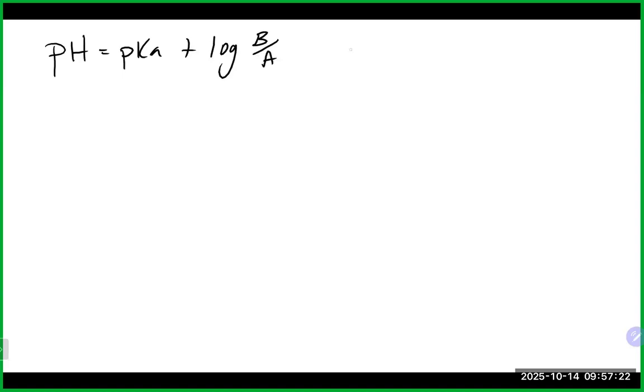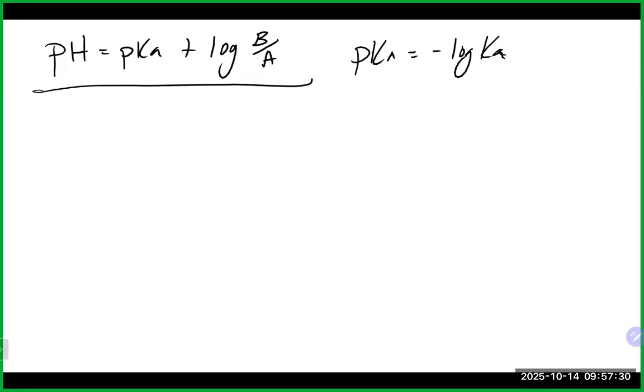And the pKa here is minus the log of the Ka. As we talked about last time, I would personally roll with this equation because you can use it in any situation: acidic, basic, neutral, whatever it may be.